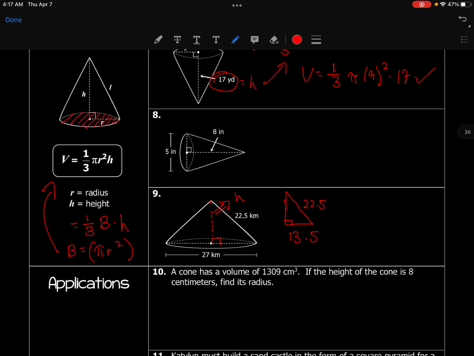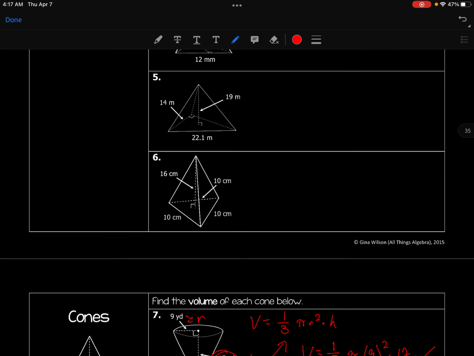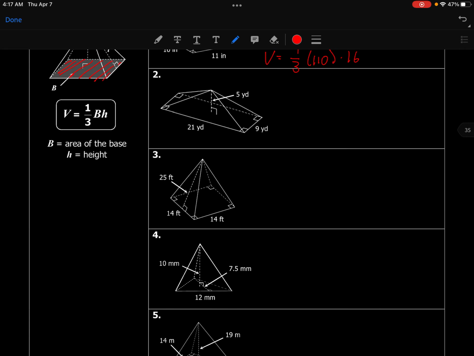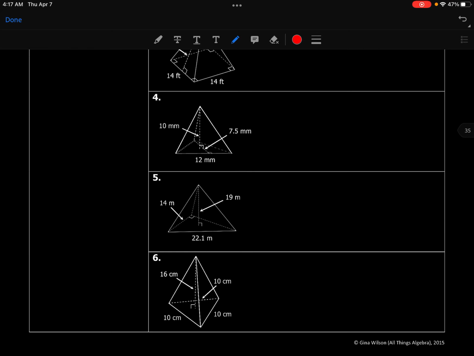If you're given two sides of a right triangle, where this is C and this is A, you can use something called the Pythagorean theorem. A squared plus B squared is equal to C squared to find B. Pretty simple. It seems that you guys also had trouble with this concept yesterday. Might be the same for here.